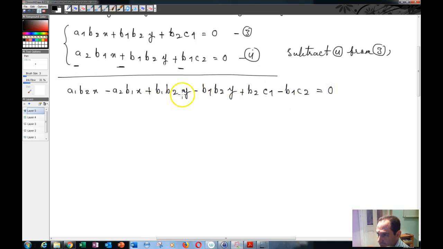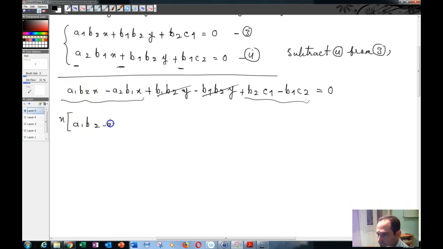And you see you have b1 b2 times y and minus b1 b2 times y, so you can cancel them out. Then you have these two terms that contain x, and these two are constant terms. So you can take the x out from these two terms.